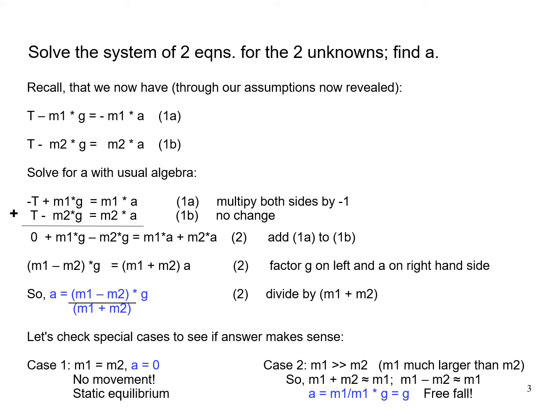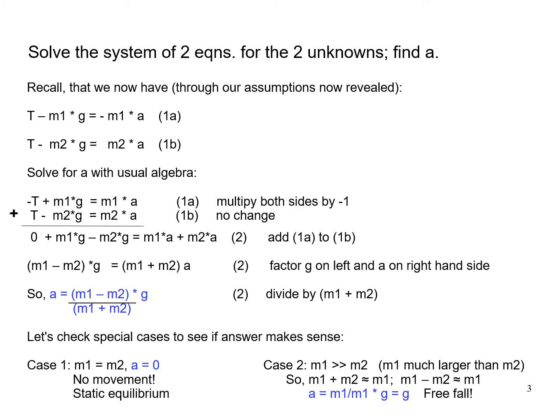Now, on the lower right, let's check another special case. Let m1 be much larger than m2. That is, let m1 be 10 times or even 100 times larger than m2. In such a case, the difference of the masses as well as the sum of the masses are both approximately equal to m1. So we are left with m1 divided by m1, which cancels. This means that our acceleration, a, is equal to g.